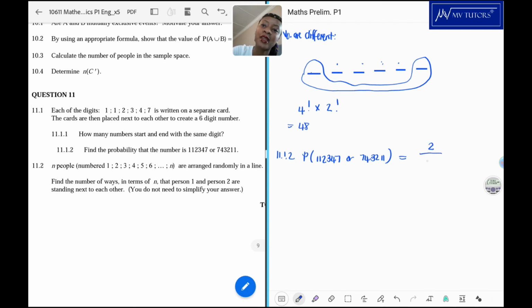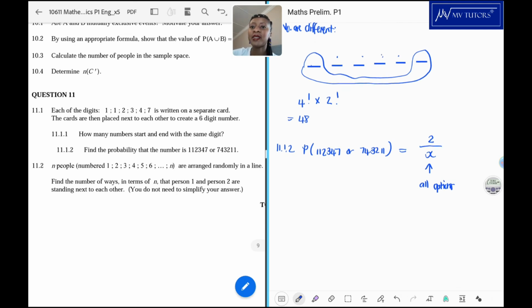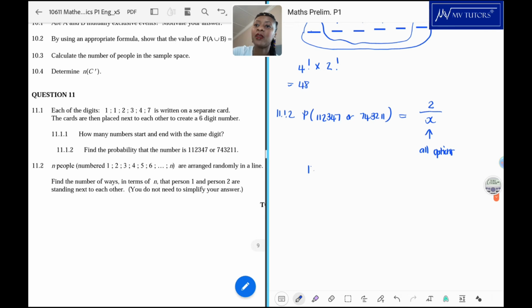over a certain number, and this indicates all the options that you could get. So we need to calculate that one. What are all the options that I could get? Remember the numbers that we have: 1, 1, 2, 3, 4, 7, and we have assumed that the numbers are identical.